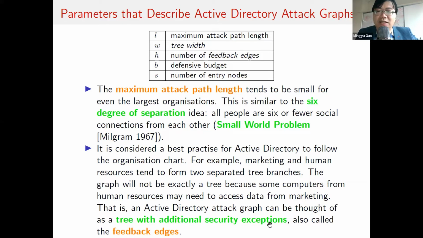Those security exceptions are the non-tree edges, and those are what we call, in this paper, the feedback edges. We assume that the number of feedback edges is small. That's another parameter for describing the tree-likeness of the AD graph. And then another parameter is budget, and another is the number of entry nodes. So these are the parameters we are going to use in fixed parameter analysis.